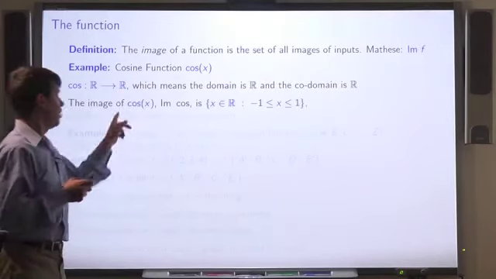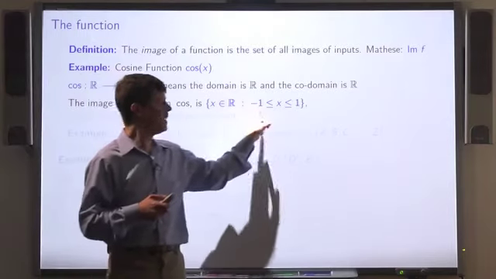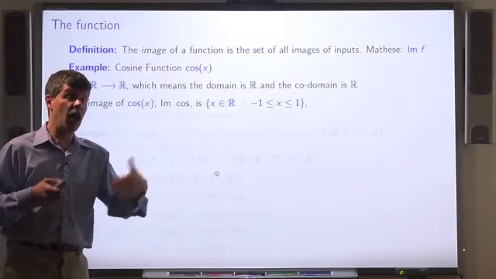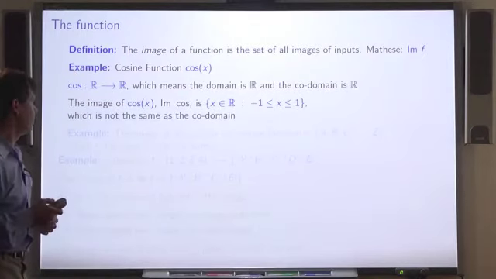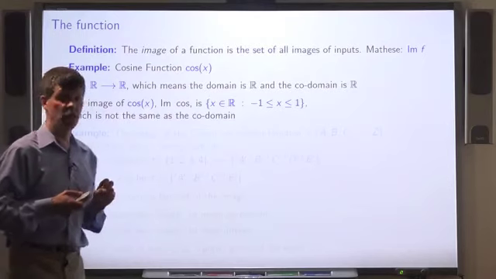However, the image of the cosine function is just those real numbers that lie between -1 and 1, because those are the only numbers that are the images under the function cosine of elements of the domain. And notice that the image in this case is not the same as the codomain.